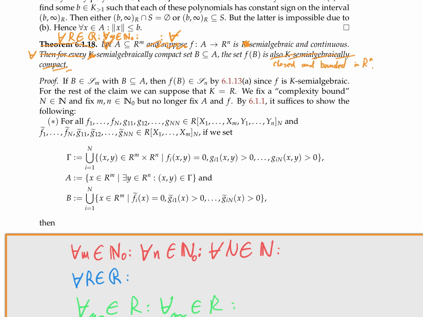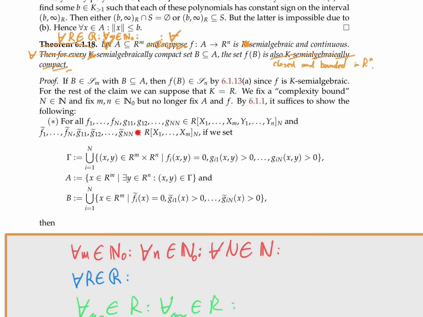So for all these polynomials, and these are polynomials that should define this graph of f, right? So how many variables do I need? The graph of f is a subset of R^m cross R^n. So I need, let's say, m x variables and n y variables. And then I need other polynomials for defining this set B, right?